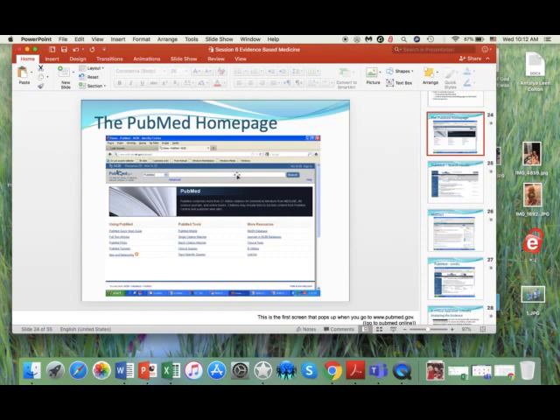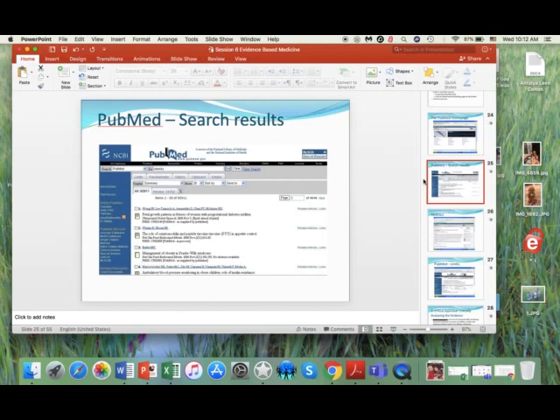And then in the search bar right here, you can type in whatever you're talking about. So here in the search bar, they put obesity. And then all of these articles come up. There are 92,911 articles.